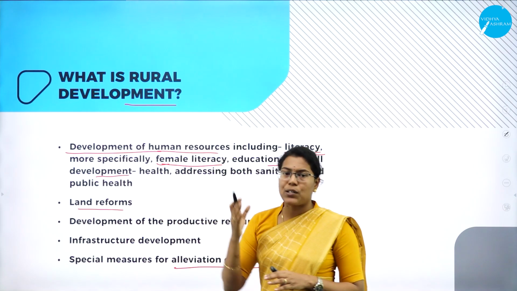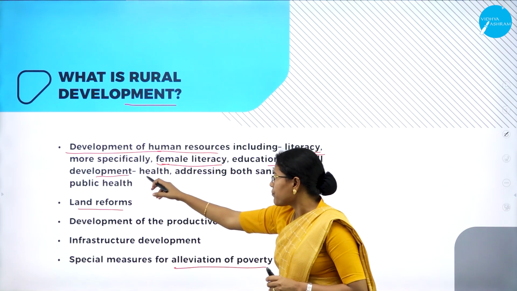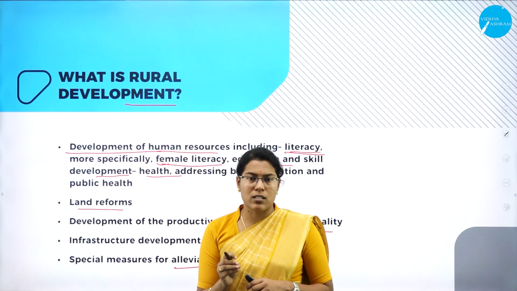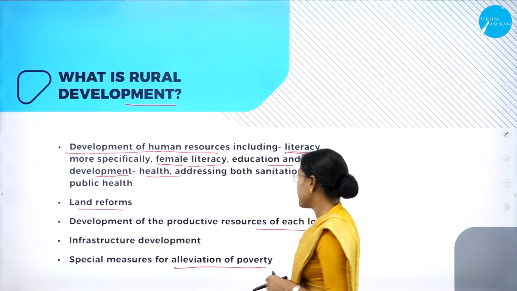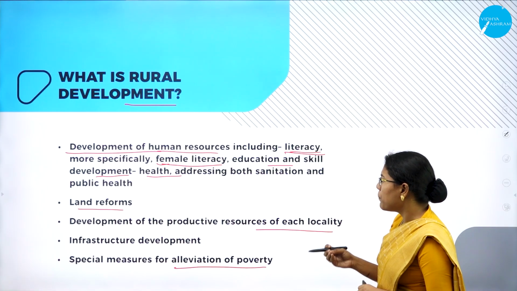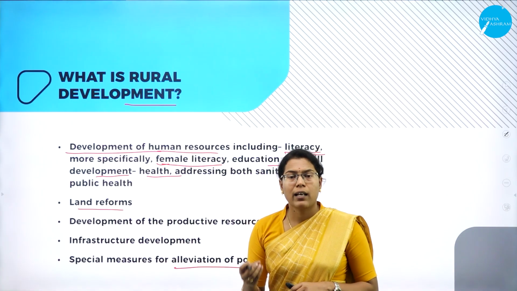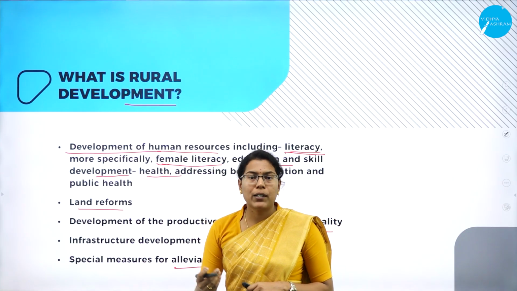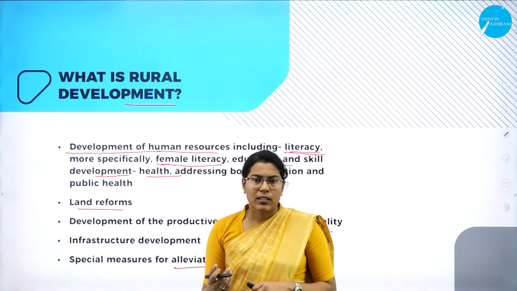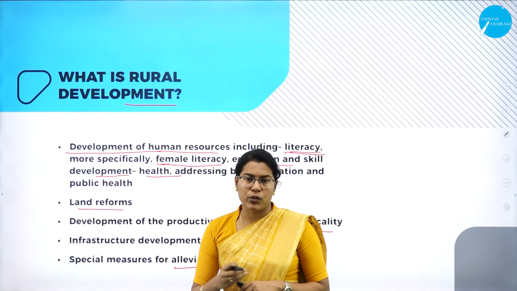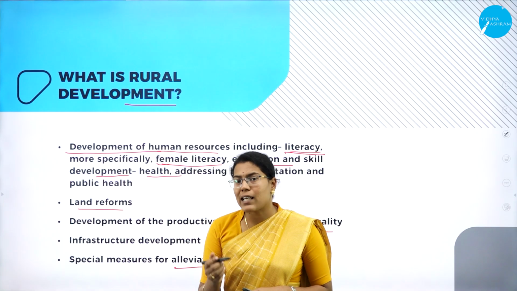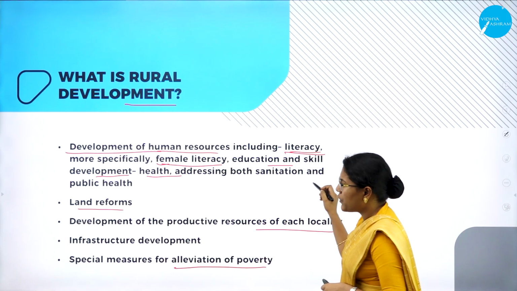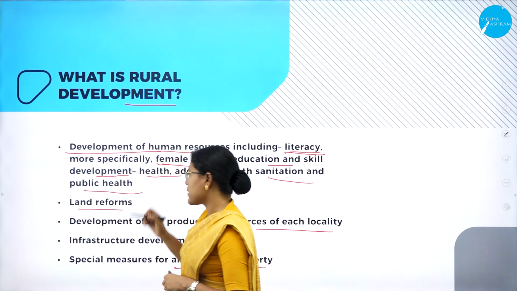It's not just education but also health, because health and education are the most important sources of human capital, so that if the rural people are provided with good healthcare and education, they'll be able to earn more. If they are able to develop their skills, they are able to generate more income also. So it is going to improve their standard of living. Education, healthcare as well as sanitation and public health are important.